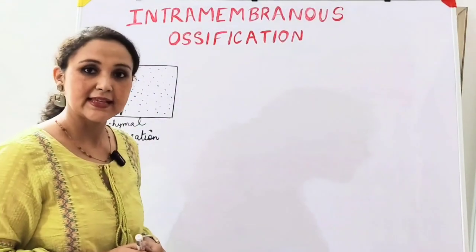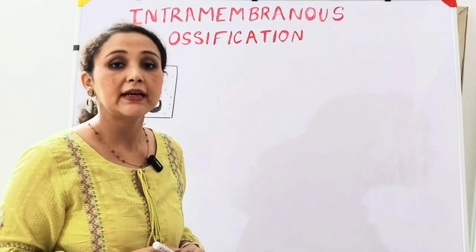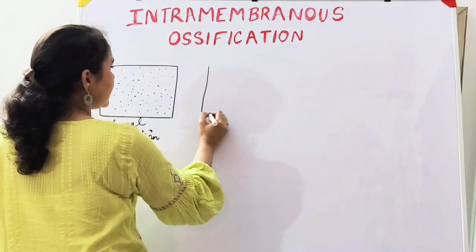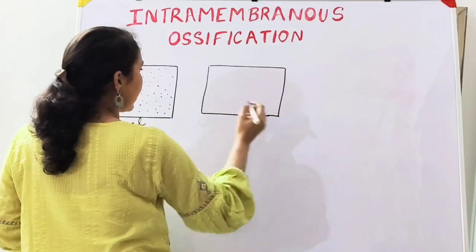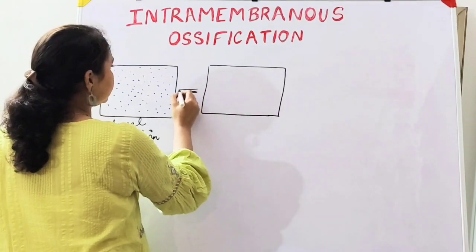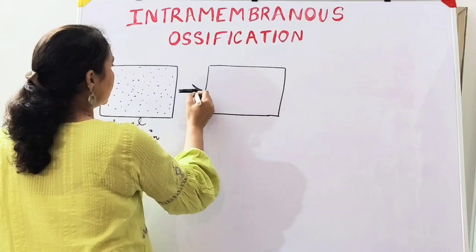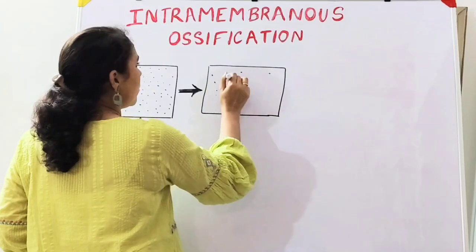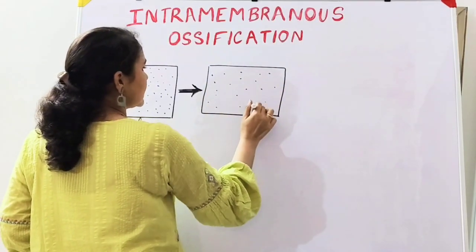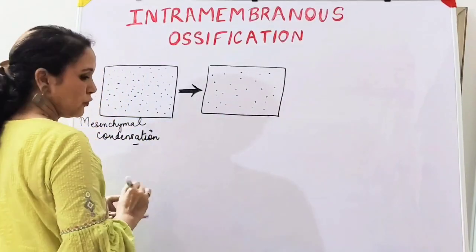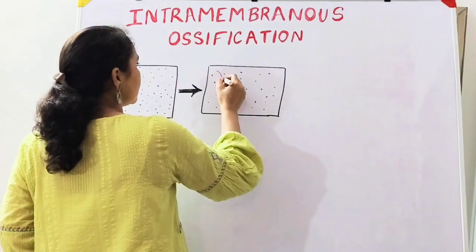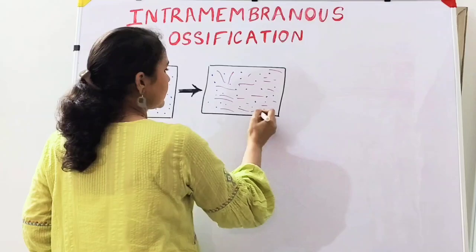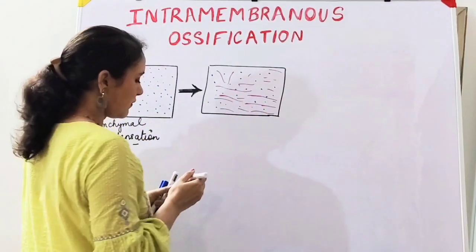Now, a few of these cells differentiate into fibroblasts and lay down the collagen fibers. So the next step is that a few of these cells differentiate into fibroblasts. Here we have the nuclei of the various mesenchymal cells, and now we have a few fibroblasts also, and there is the formation of fibers, the wavy collagen fibers.